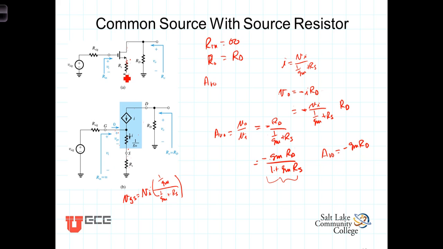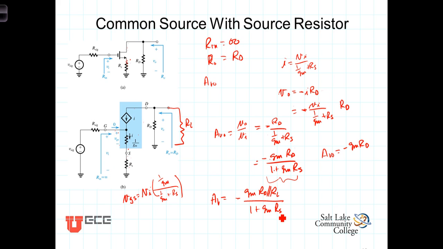Finally, the gain with the load, A sub V. The load is connected, and it turns out that the load is just in parallel with R sub D. So A sub V is this same expression, only now we have R sub D in parallel with R sub L, or A sub V is equal to negative G sub M times R sub D in parallel with R sub L, divided by that 1 plus G sub M R sub S term.